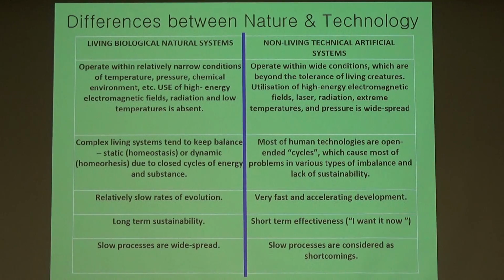Whereas if you compare technology, for example, non-living technical systems, in human engineering, in artificial systems, they operate in a much wider variety of conditions, beyond the tolerance of most living organisms. So we use high energy electromagnetic fields, very often lasers, high radiation, extreme temperatures and pressures.